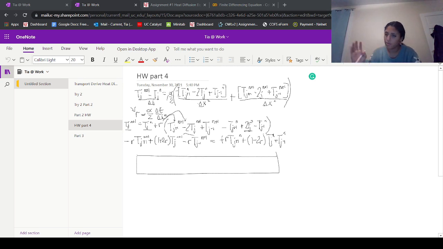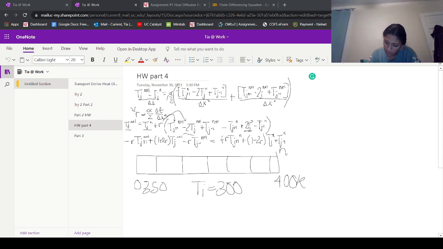We got different segments. So in length, this is at 0. This is at 400, I think 400 Kelvin. It said in question 2, and this is at like 350. The initial temperature is equal to like 300 Kelvin.